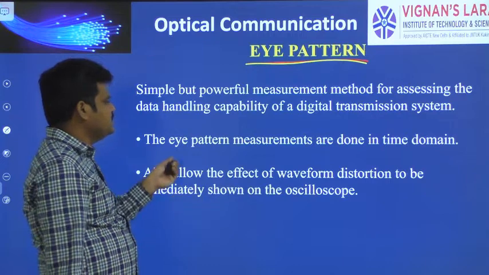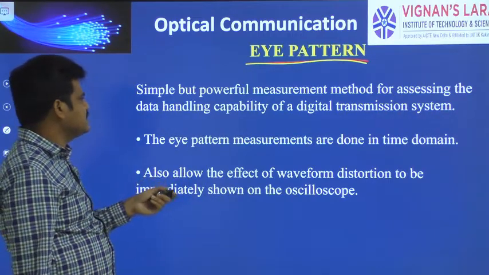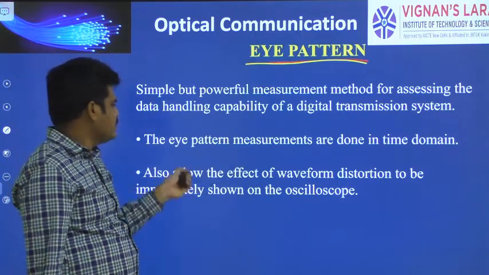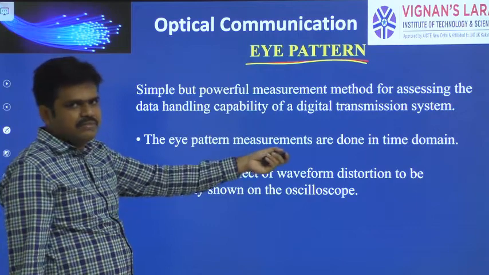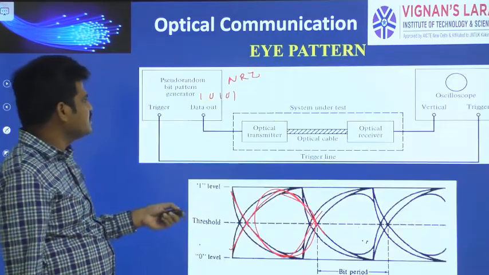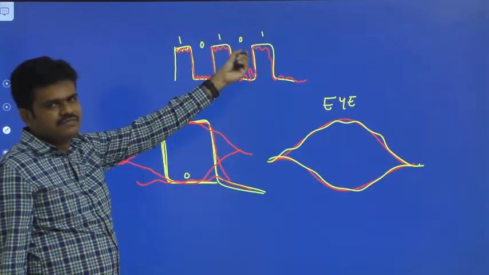The next one is the eye pattern. The eye pattern is used to assess the data handling capability of a digital transmission system. Eye pattern measurements are done in the time domain. What is an eye pattern? You may be sending the codes in NRZ form or RZ form.